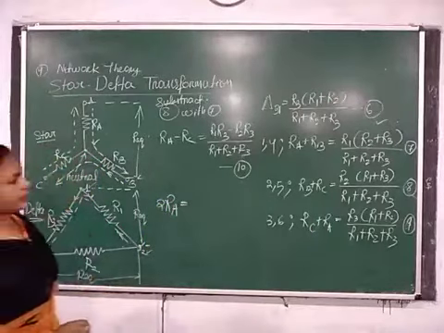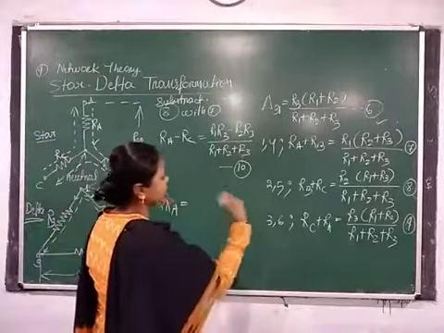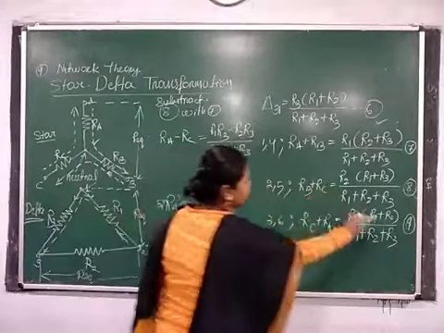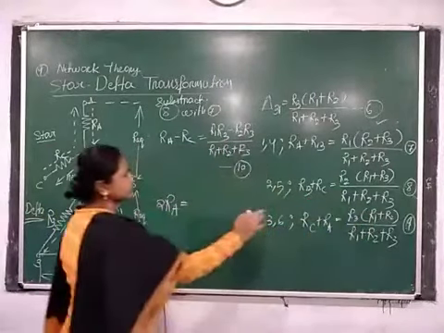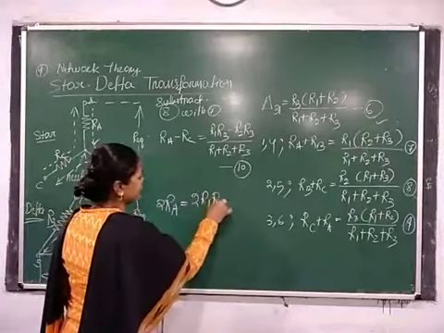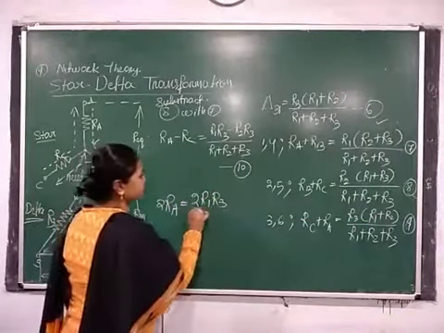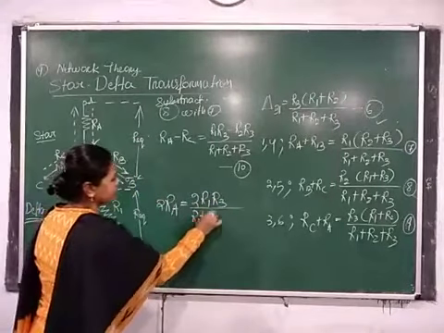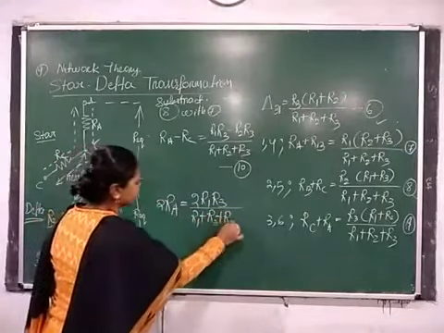2RA. Then the right hand side, R2 and R3 are cancelled out, and R1, you get the right hand side. The equation is 2R1R3 by R1 plus R2 plus R3.